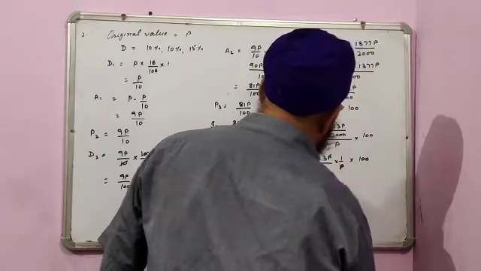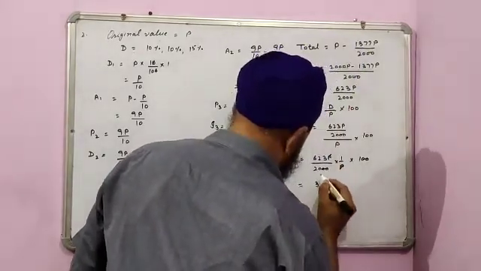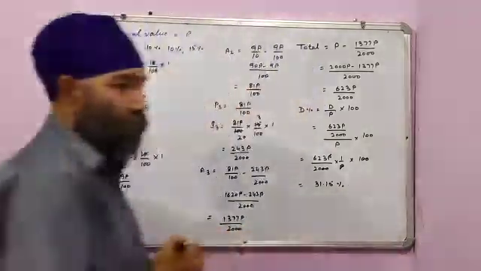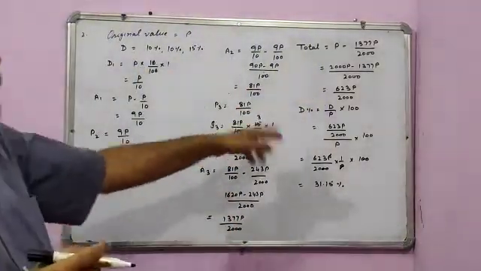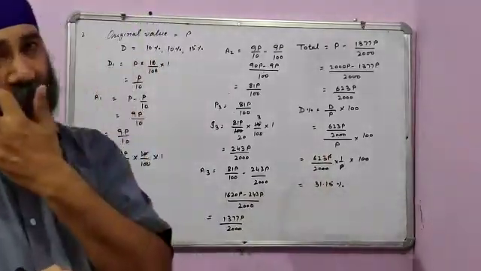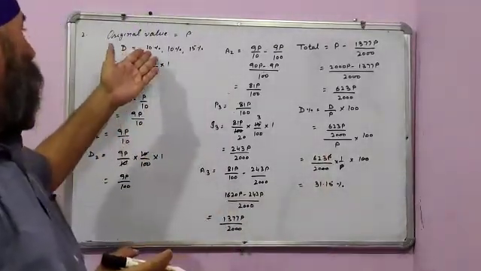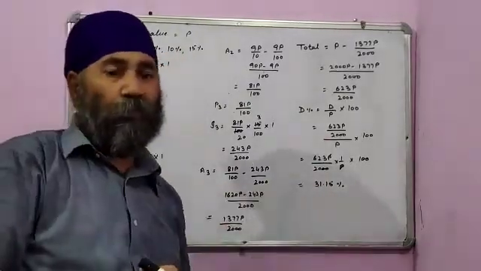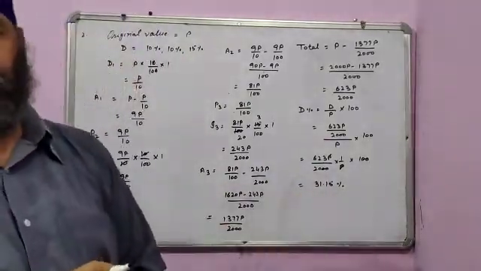P cancels with P. This is 31.15%. This is the lump sum depreciation in 3 years. If I calculate depreciation year by year, it becomes 35%, but actual depreciation is 31.15%.